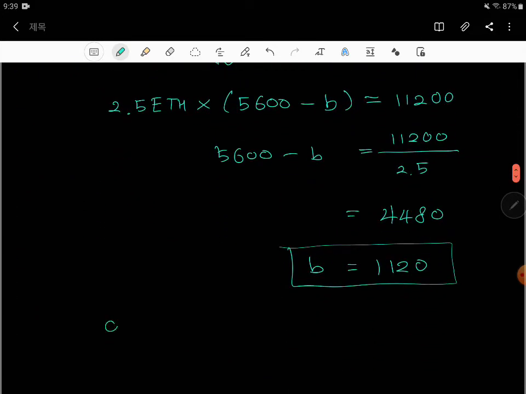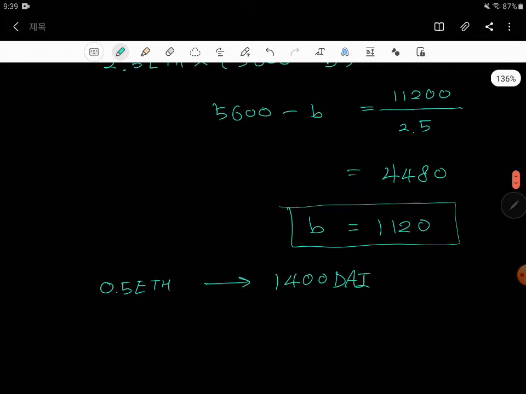So supposedly you should have, for 0.5 ether, 1,400 DAI, because you divide 2,800 by 2, right?